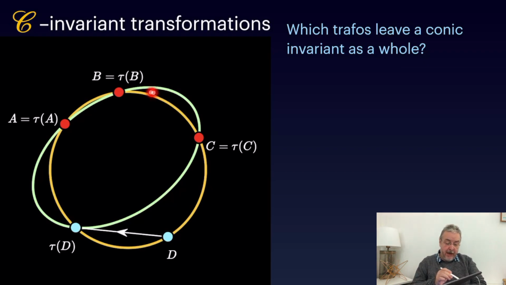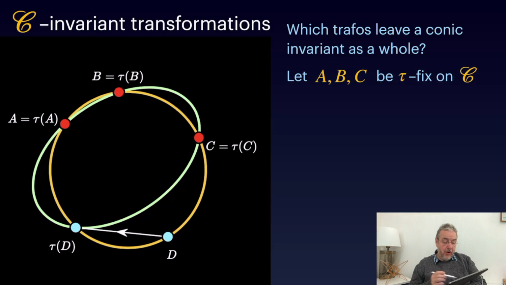So our conic here should be the circle here, and I defined a transformation that maps A, B, and C to themselves. So there is a transformation tau that moves A to A, B to B, and C to C, and it should move D to a point tau of D, which is on the conic.